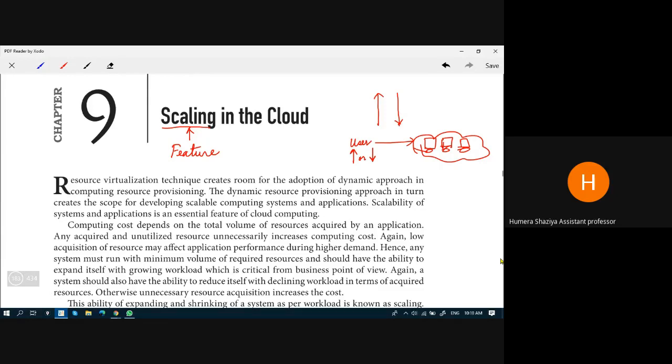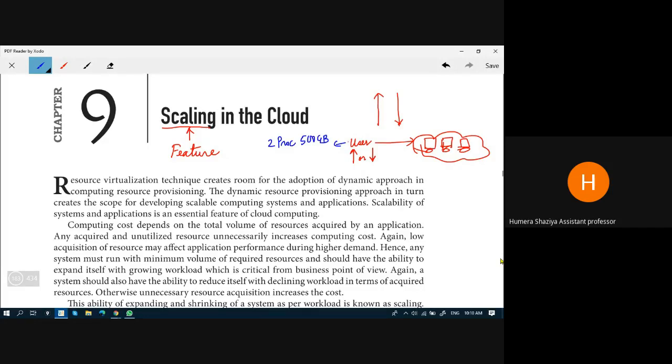Let us take an example. If the user has obtained two processors and 500 GB of memory, this is the user system in the cloud.